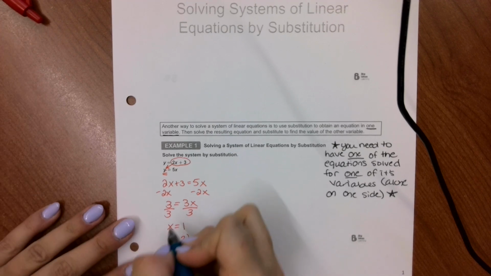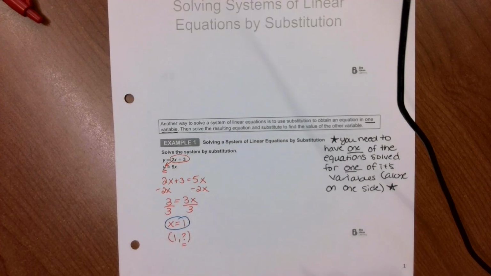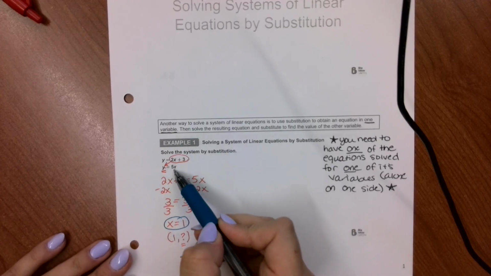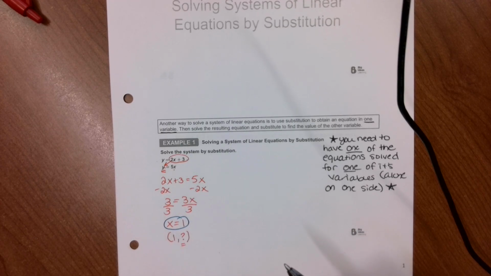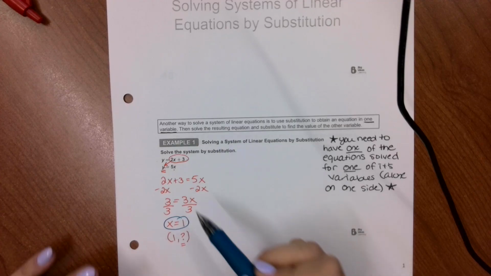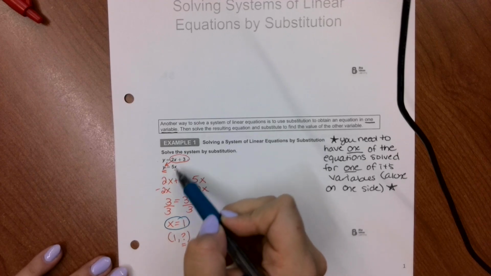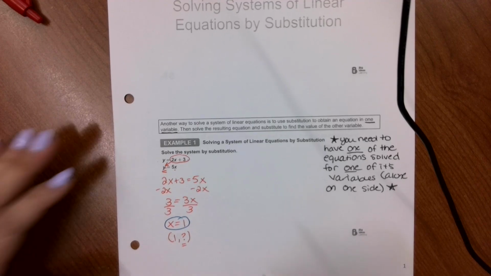So what I'm going to do is take this x equals 1, and now you have a choice. You always have a choice. I could have plugged 5x into the top one. It doesn't matter. So with x equals 1, I'm going to plug 1 in for x in one of these equations. Your choice.